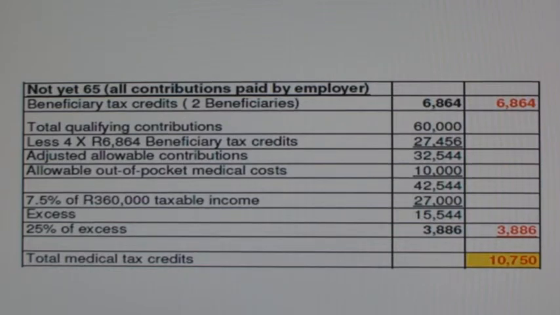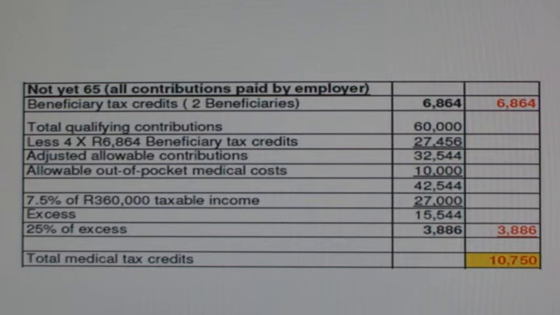From the 60,000 Rand, we have to deduct 4 times the beneficiary tax credits, and 4 times 6864 is 27,456 Rand. 60,000 less 27,456 leaves us with 32,544.